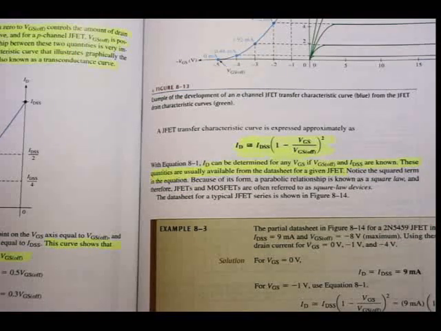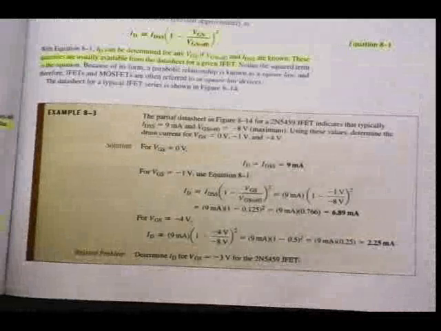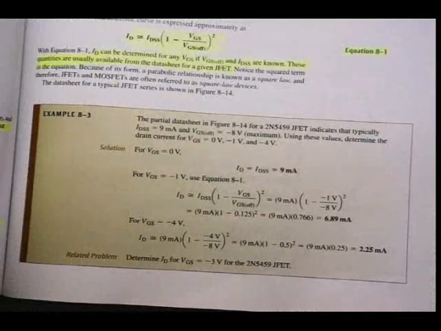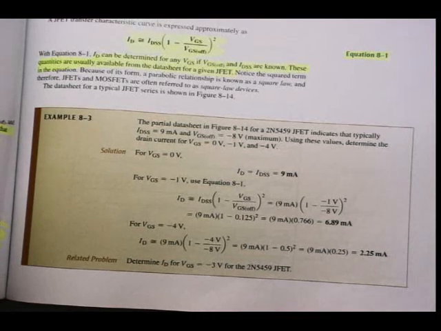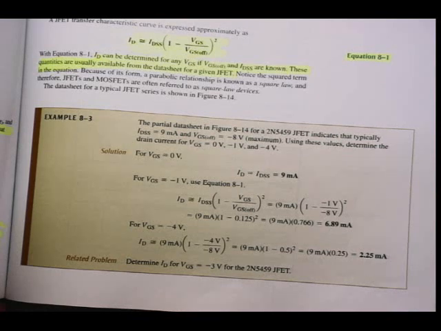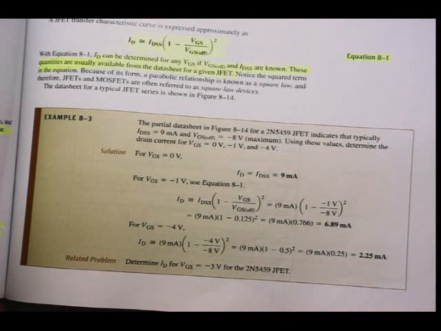Let's have a look at an example. Example 8.3, at the bottom of the page. The partial data sheet in figure 8.14 for a 2N5459 JFET indicates that typically IDSS is 9 milliamps and VGS off is -8 volts maximum. We will have a look at the data sheet just now, where you can see why they say typically and why they say maximum.